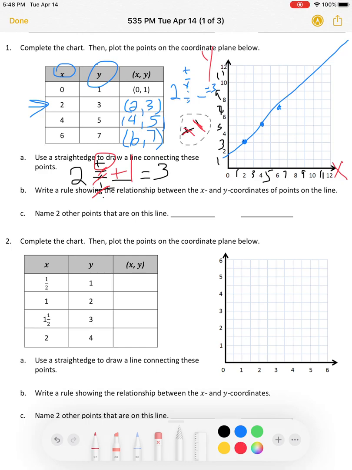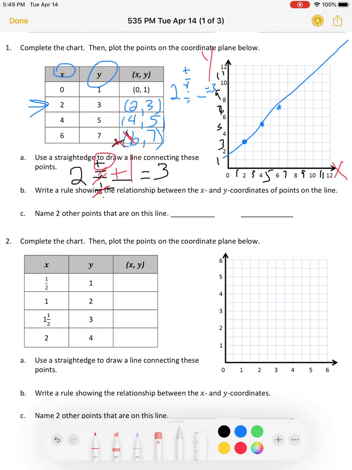Okay, so let's go here. We already found out that when x is 2, plus 1, y is 3. Good. Now let's go here. When x is 4, plus 1, y equals 5. 4 plus 1 equals 5. Good. And here is 6.